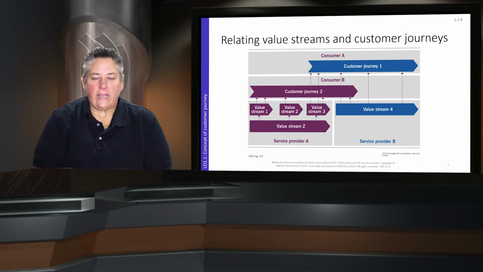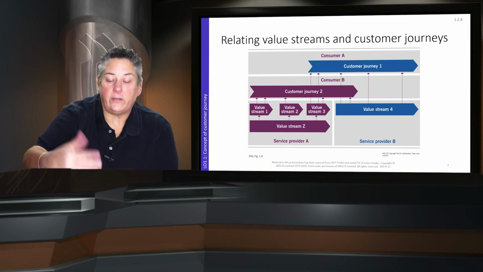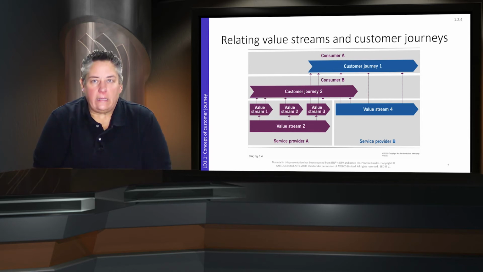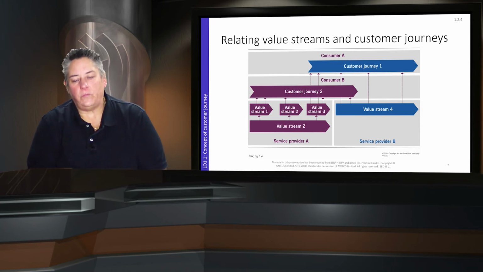If you look at the customer journey for customer A, notice that they're getting supplies or services from service provider B as well as service provider A. So the value stream is going to depend on the interactions and the handoffs between various service providers, as well as various value streams.